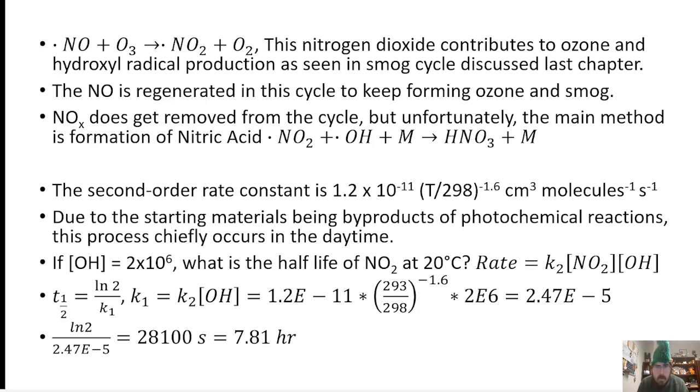The half-life is ln2 over k1 of our first order reaction. k1 is k2 times OH. So at 293, you can plug that in, figure out what is k2, and multiply by your essentially constant concentration of OH radical.